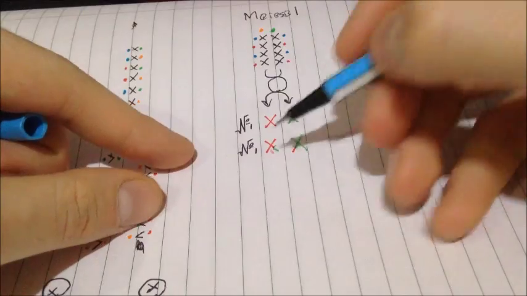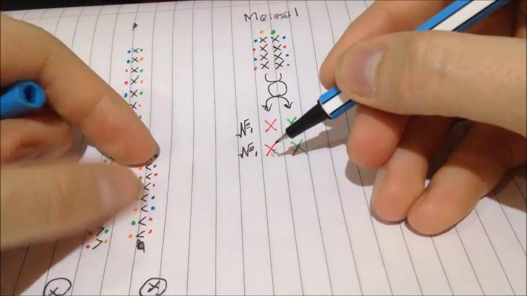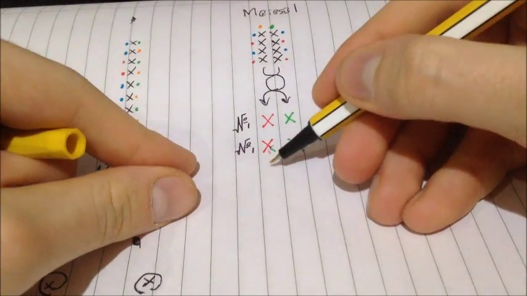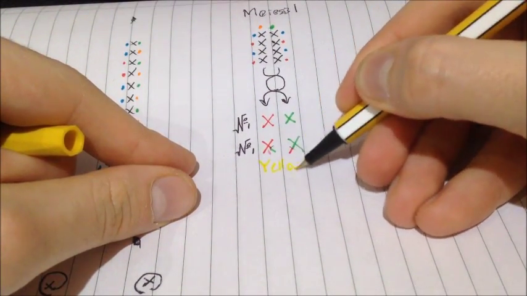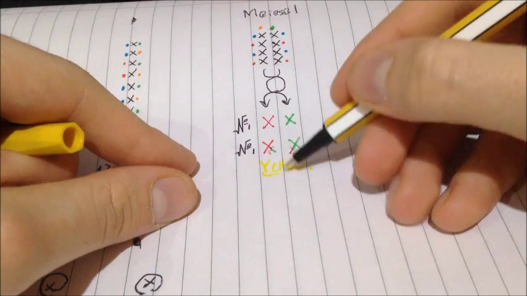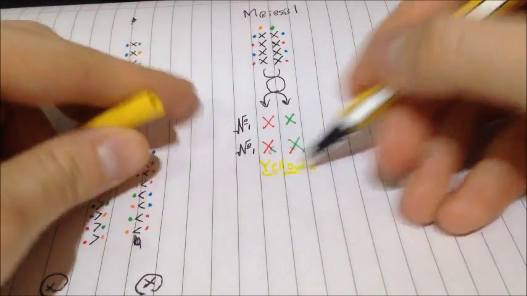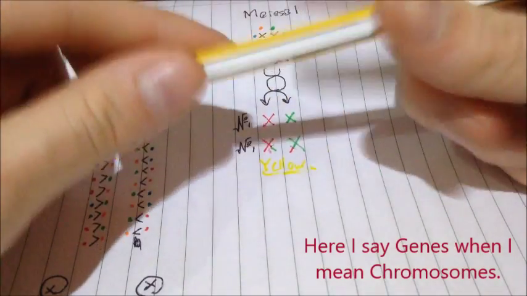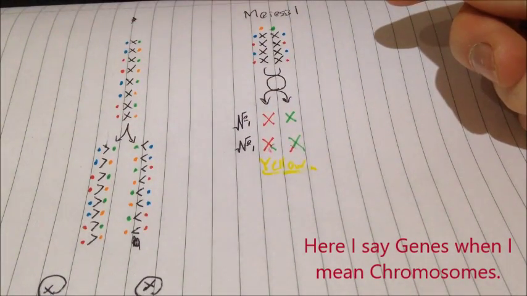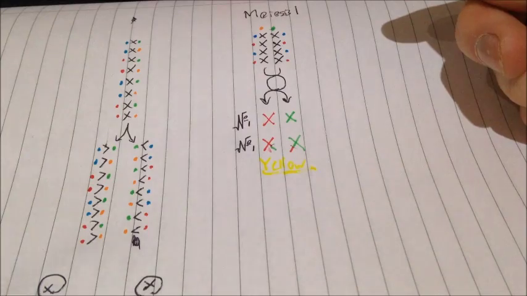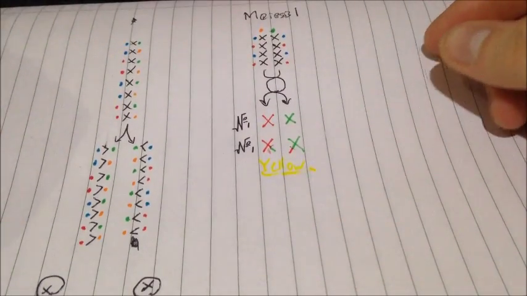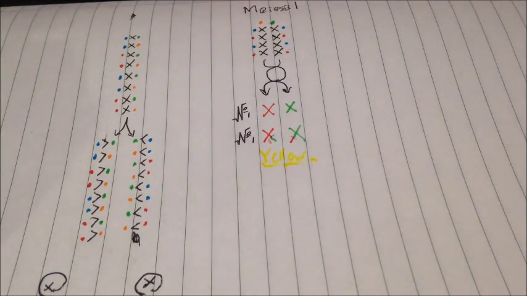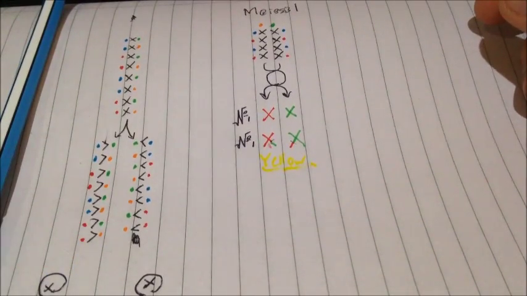And we'll be using, let's say, yellow, since we haven't used it yet. Yellow will be marking the genes that are completely new. These genes have not been in your dad or in your mom. These genes may be passed on to your offspring, but knowing how many different cells there are, you probably won't see all of the different combinations.